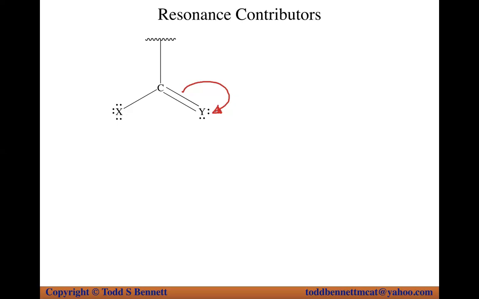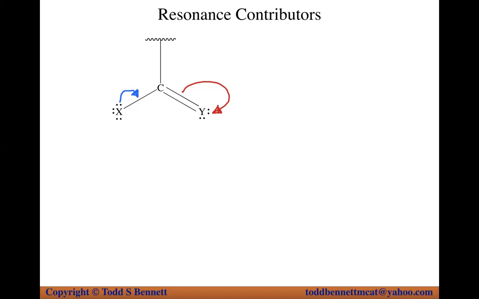Again, we draw resonance arrows starting from the center of the electrons in a bond being lost and draw the arrow to the atom to which they're going. Then lone pairs become pi bonds. The arrow starts from the lone pair and goes to the center of the bond where the pi bond will be made. Okay, that's the convention of how we draw it, but I want to emphasize something.